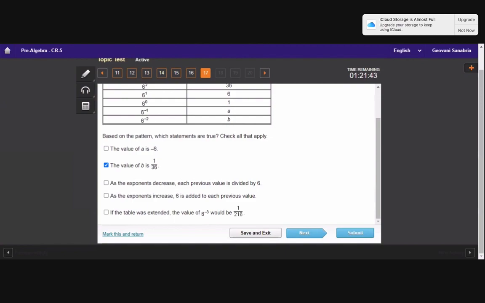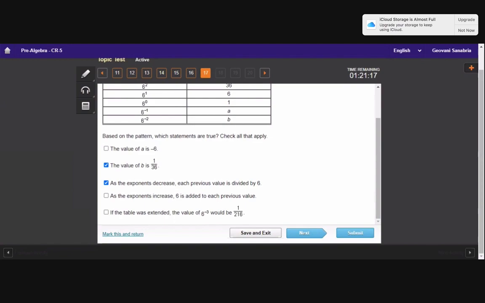As the exponents decrease, each previous value is divided by 6. Yeah, that's true too, I think. The exponents increase, 6 is added. No. If the table was extended, 36 times 36.